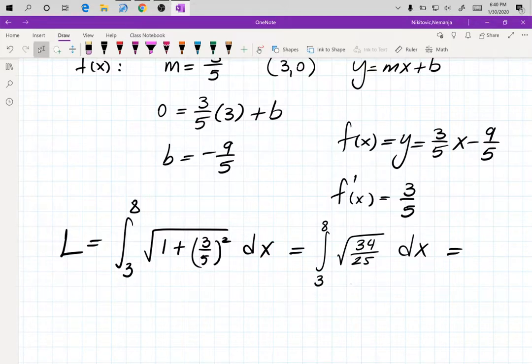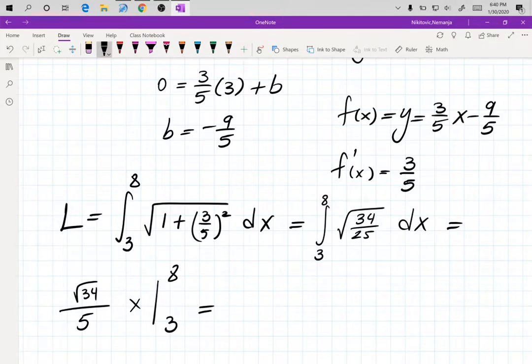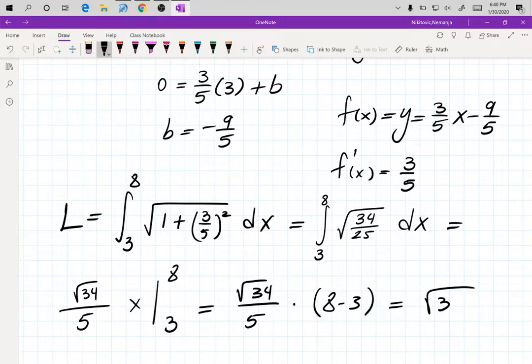And you can pull out the integral of the square root of 34 divided by 5. See, I computed the square root of 25 is 5. And then I have x that goes from 8 to 3. Well, that's the square root of 34 divided by 5 times (8 minus 3), and that's 5, so the square root of 34.